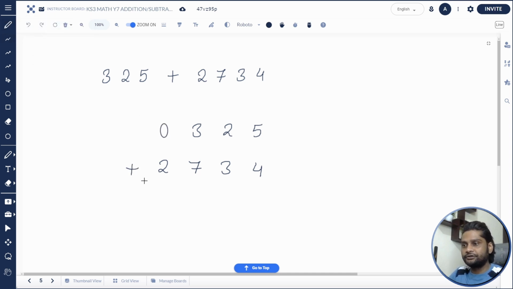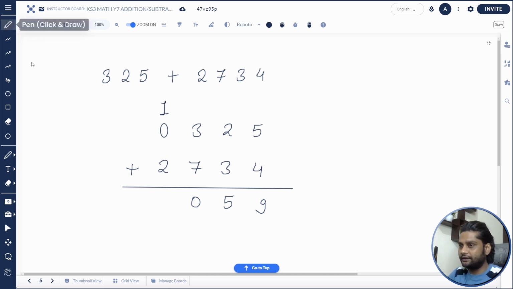You again have to start from the ones place only. So 5 plus 4 is 9, 2 plus 3 is 5, 7 plus 3 is 10. Okay, so should I write 10 like this? No, students. It carried to the next number. And now 1, 0 and 2 will be added. And that gives you 3.